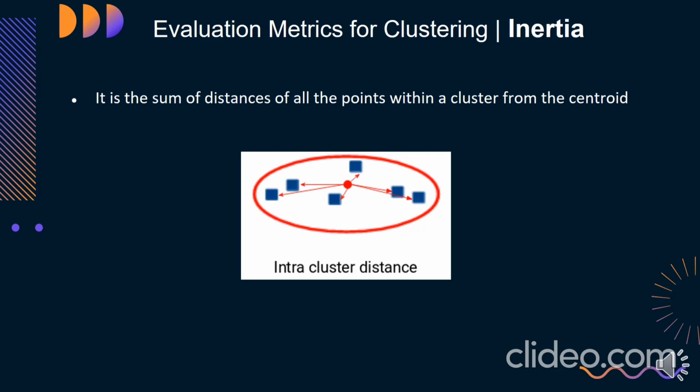It calculates the sum of distances of all the points within a cluster from the centroid of that cluster. We calculate this for all the clusters, and the final inertia value is the sum of all these distances. This distance within the clusters is known as intra-cluster distance. So inertia gives us the sum of intra-cluster distances. And the smaller the inertia, the better it is.